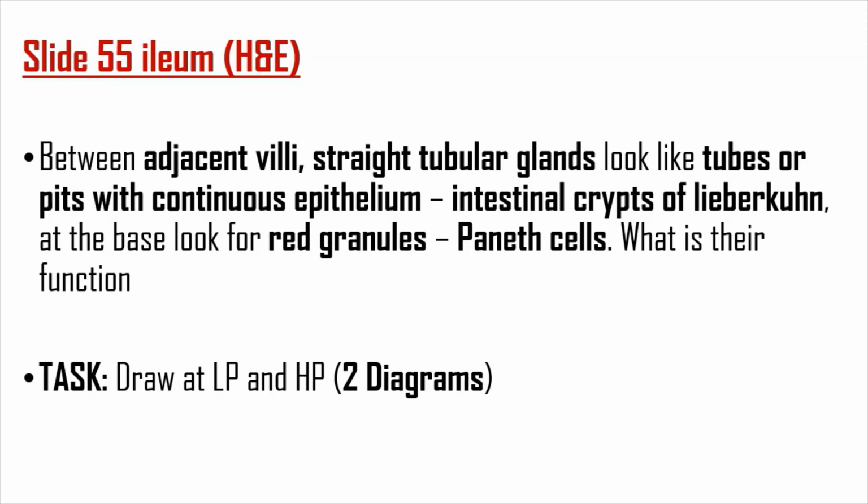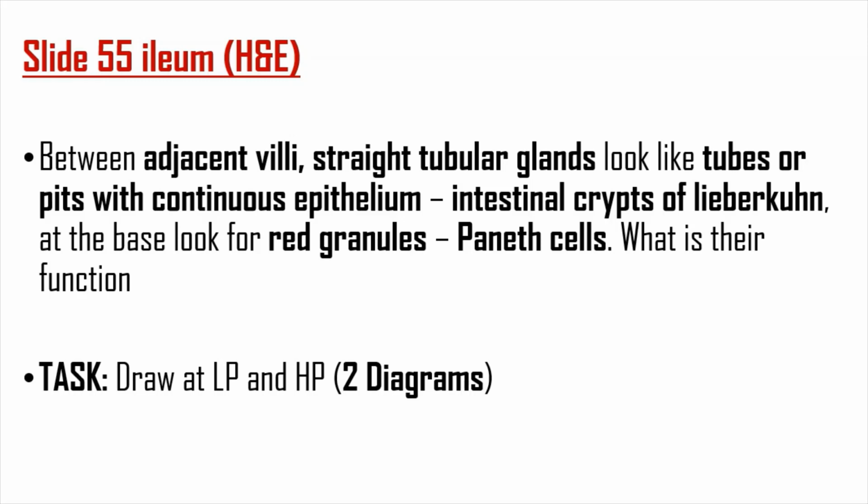So between two villi, there are crypts of Lieberkühn, and these crypts continue and form glands. And these glands at the base have got red granules which are called Paneth cells. So now it will be very important for you to write the function of these Paneth cells.